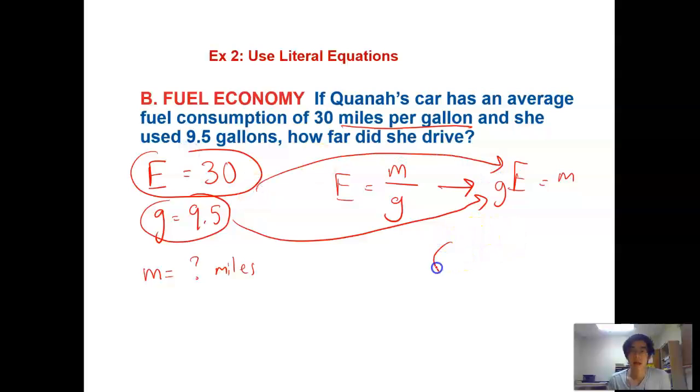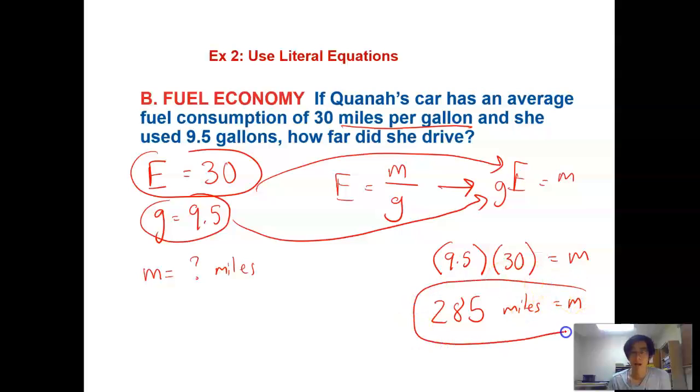So if I write everything out, I get 9.5 times 30. It's going to equal the number of miles driven, and that's going to give me 285 miles for my value of M. And that should be correct.